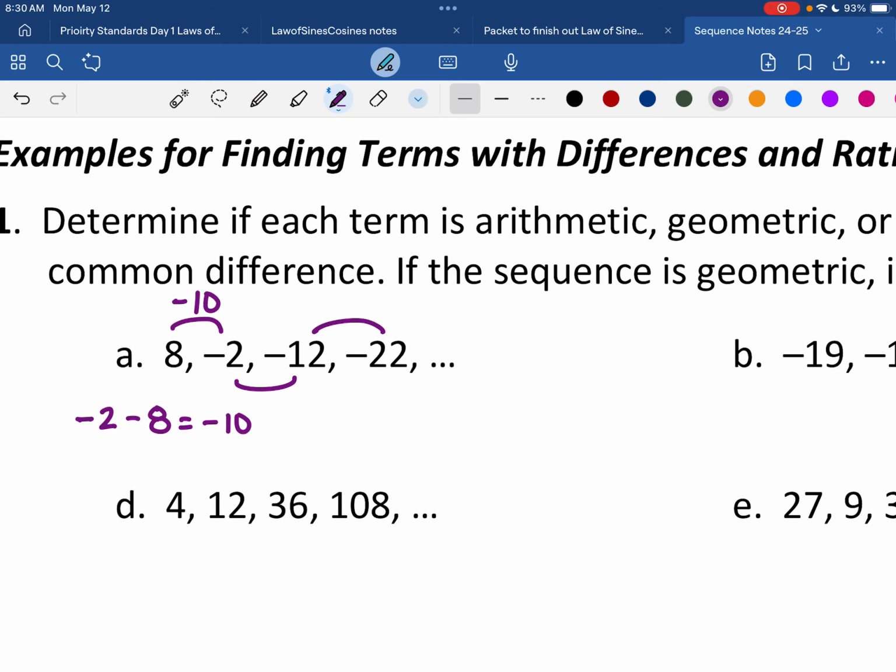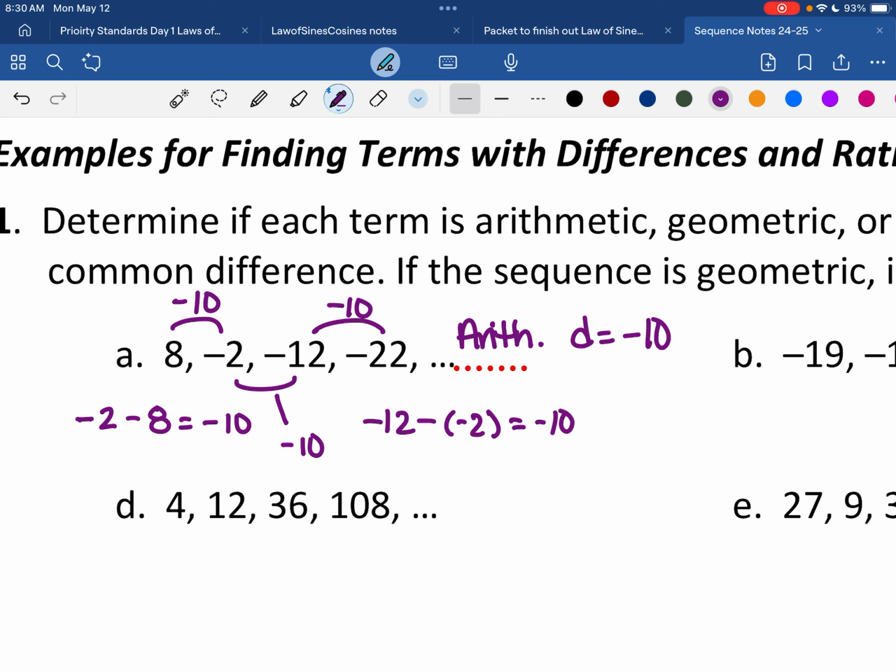Another way to check is on the second number, -12 minus -2 equals -10. So I'm subtracting 10 again here. And that works here, so I have arithmetic, and my common difference is minus 10.